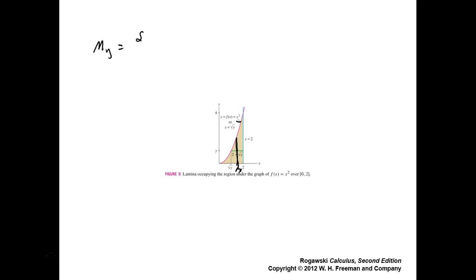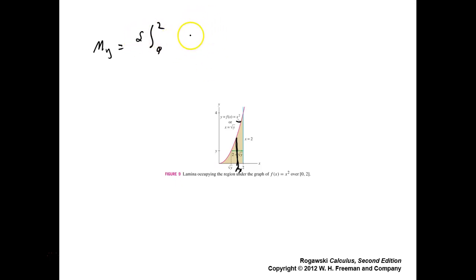We don't really need to know it, but it's in the picture, times the integral from, what's your x going from? 0 to 2. And then the mass is your density times the area.